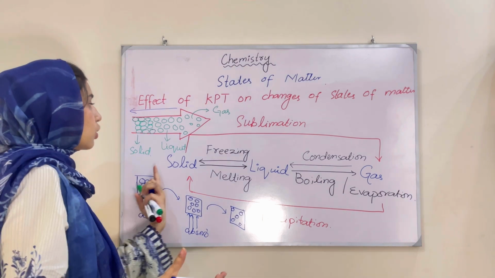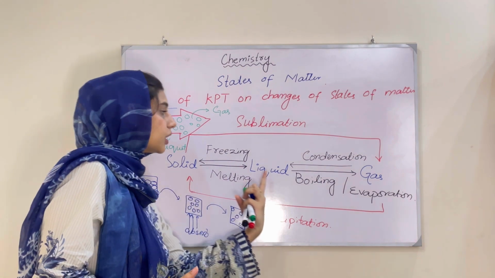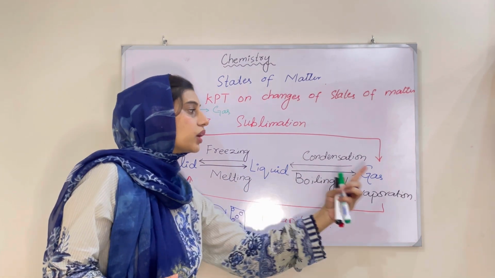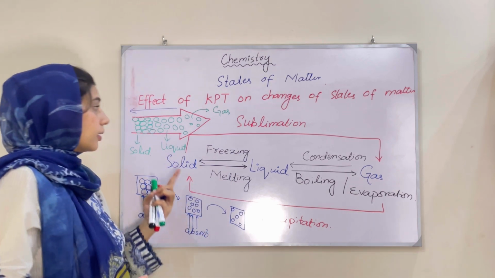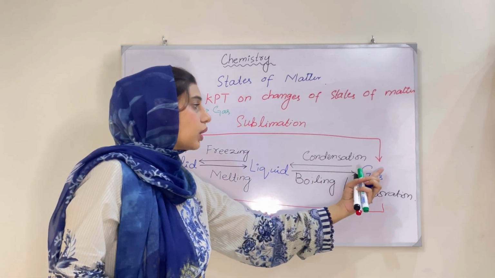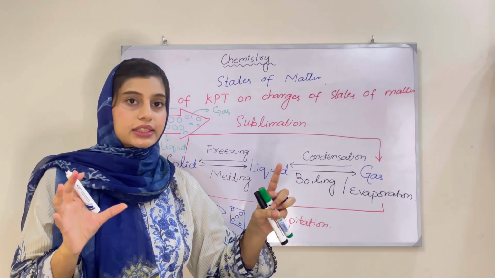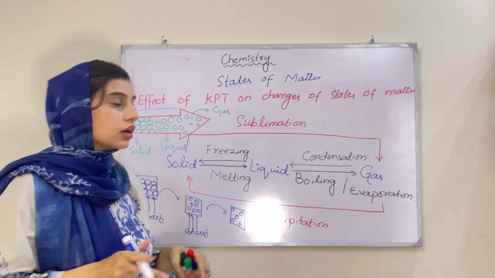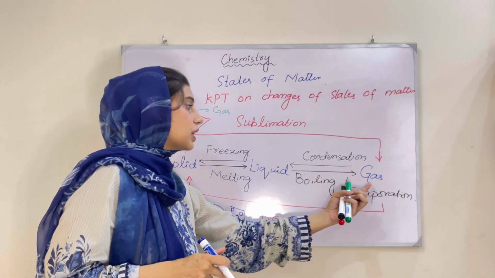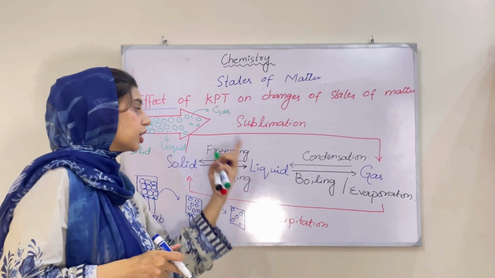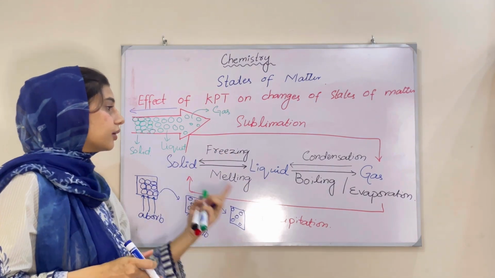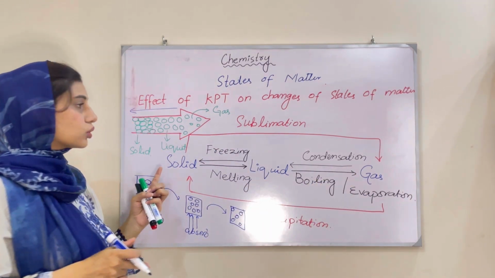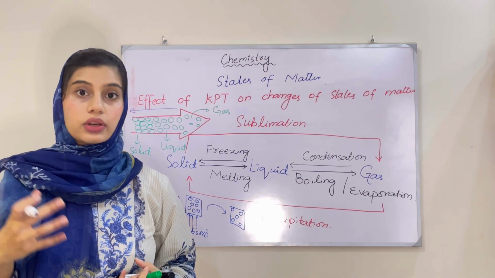In this whole process, when the solid is converting into liquid and the liquid is converting into a gas, or the solid is converting into a gas, this process is energy gaining. Energy is absorbed here. And the process in which gas is converting into liquid, liquid into solid, and gas into solid is energy releasing.